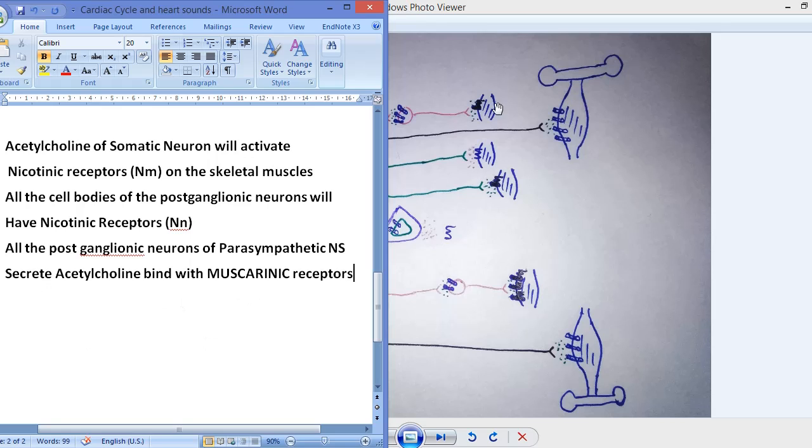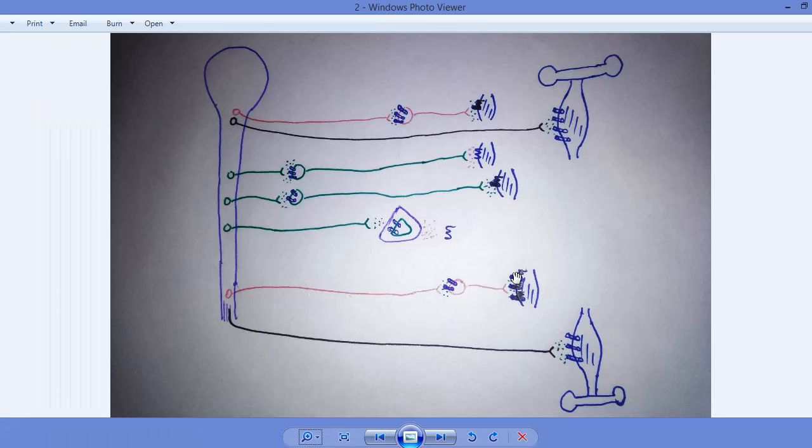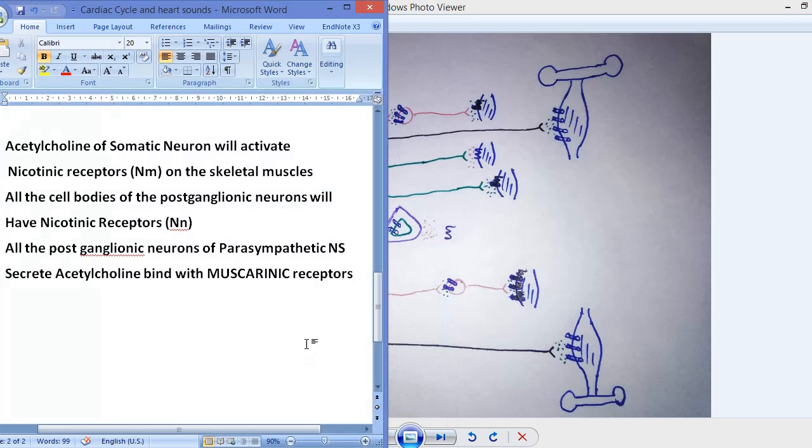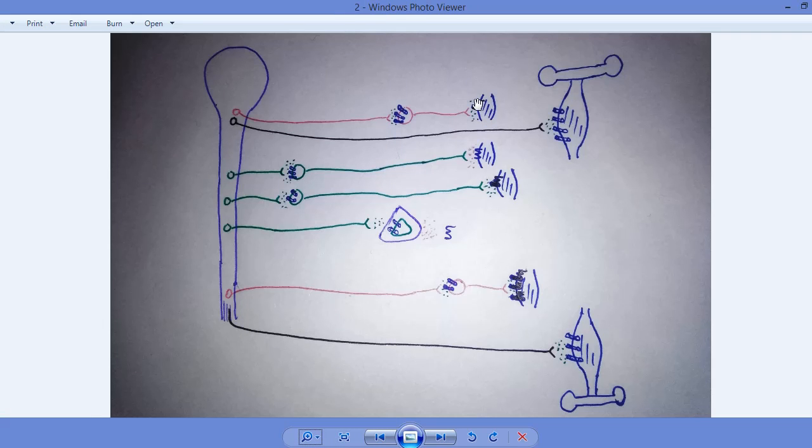These muscarinic receptors will be either M1 or M2. These are two types of muscarinic receptors present in the peripheral nervous system and the parasympathetic nervous system. So the muscarinic receptors are activated by the acetylcholine in the parasympathetic nervous system.